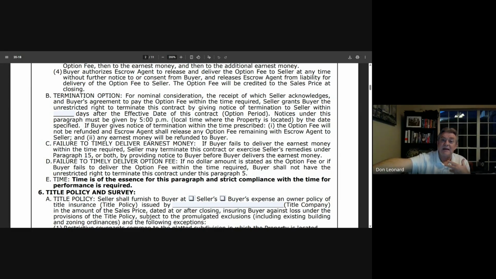The buyer can get credit for that money if they close, but they never get their money refunded. It never comes back to them. If they close, they get credit, but they never get a refund. I don't know why they draw that distinction, but they do. So the option fee is never refunded, but it is credited if they close. Whatever the distinction is, that's what they say.